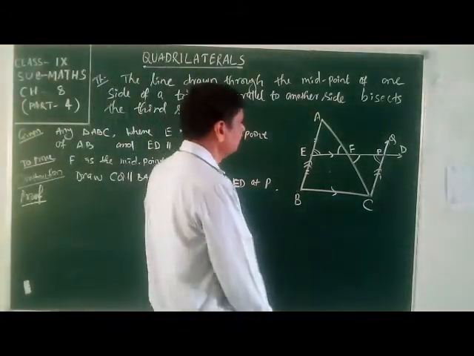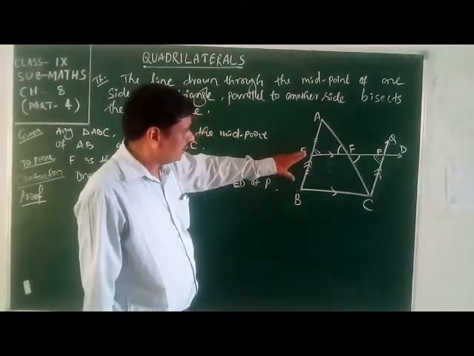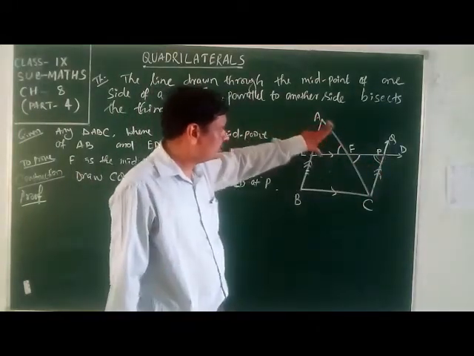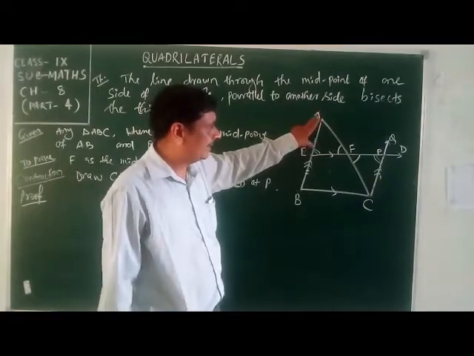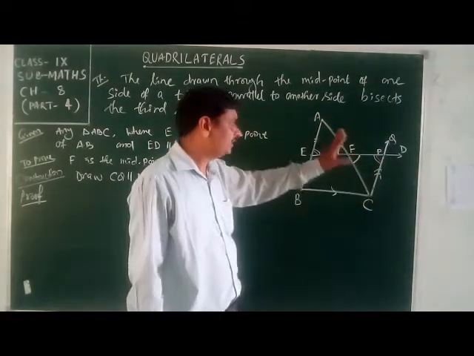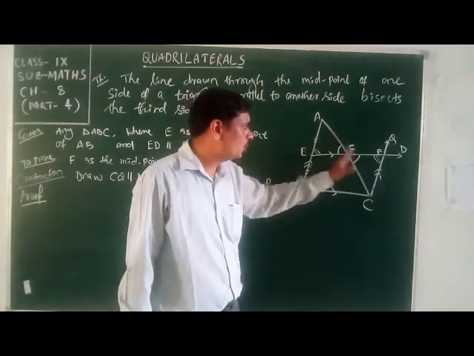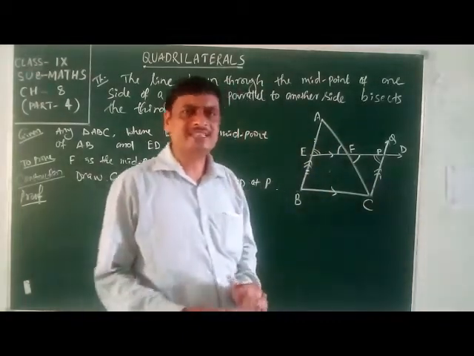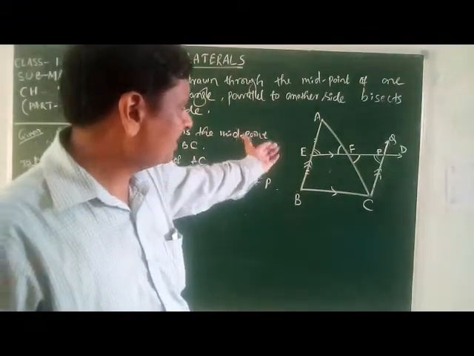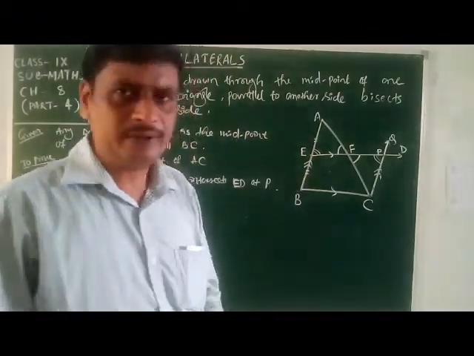Next, this AE and CP, if these two sides become equal, then by angle-angle-side we can make both the triangles congruent. So how can we make this AE and CP equal?